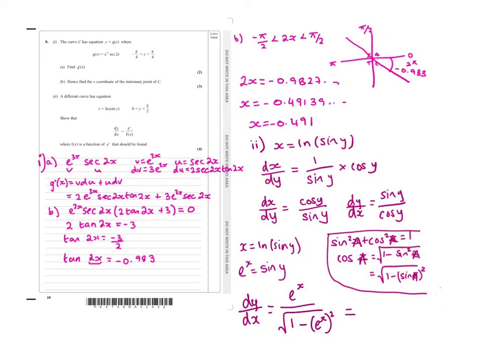So if we simplify that, we're going to get e to the power of x over square root of 1 minus e to the power of 2x, because by laws of indices we can multiply the powers. Okay, so nice and easy 4 marks. And always remember with these questions, they give you what you need to substitute in the original equation, okay? So there we go.